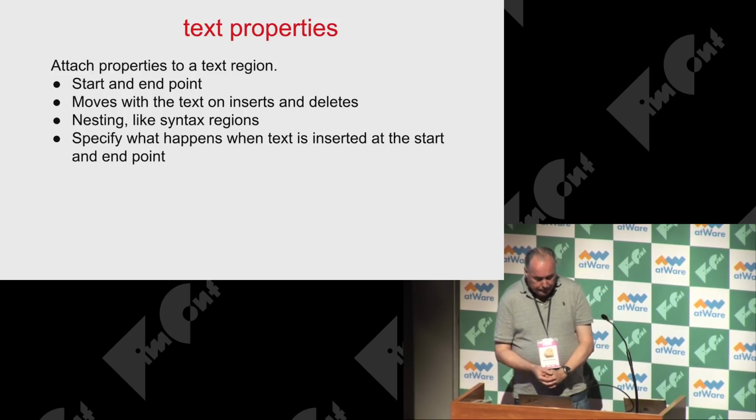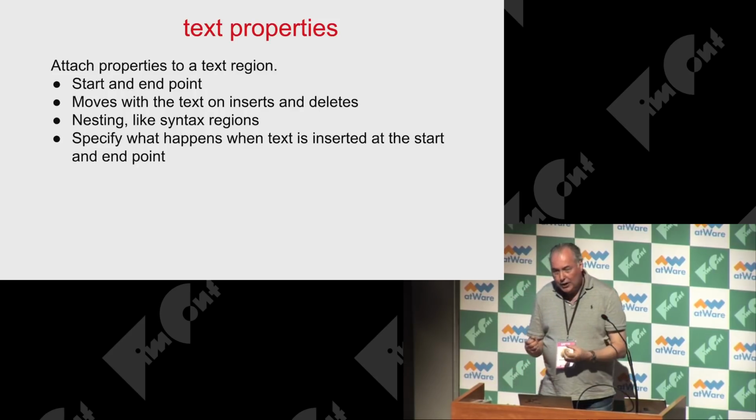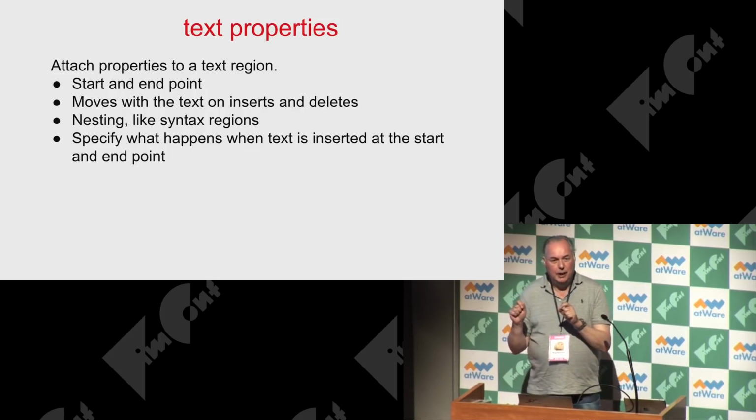The basic idea is that you take some text with a start point, a length, or an end point, and you say this property applies to that text. And when you insert text, when you delete lines, insert characters, then that property would move along with the text.